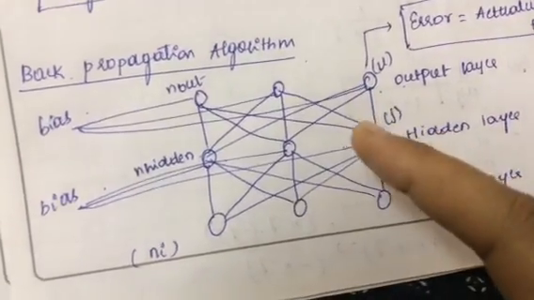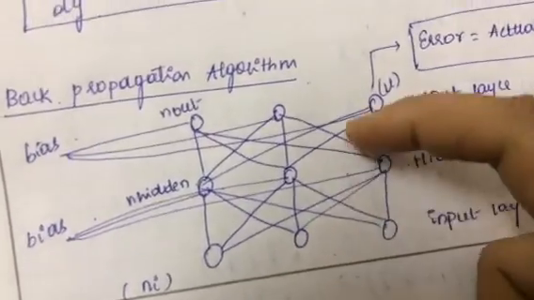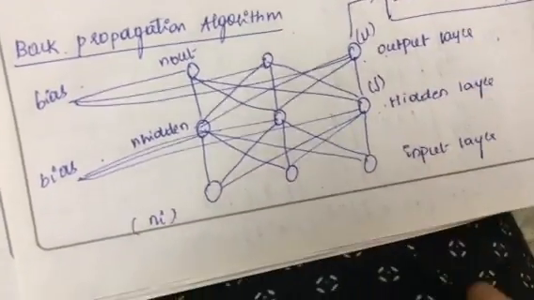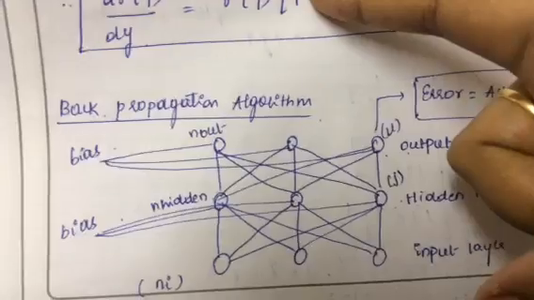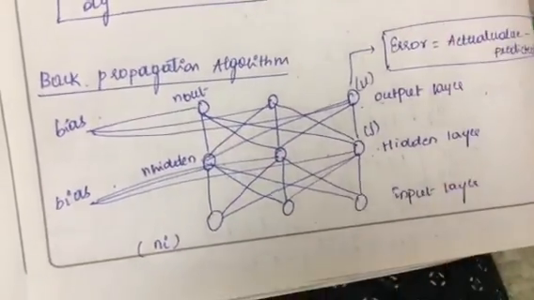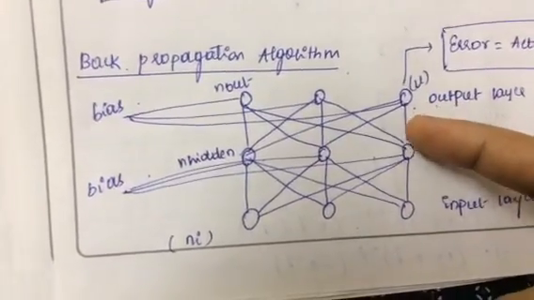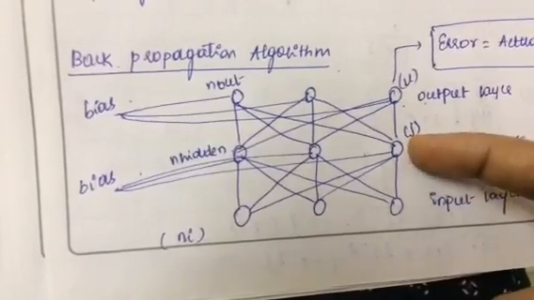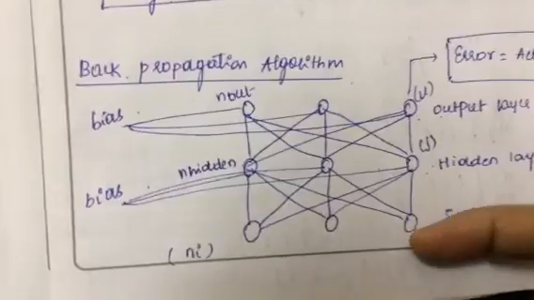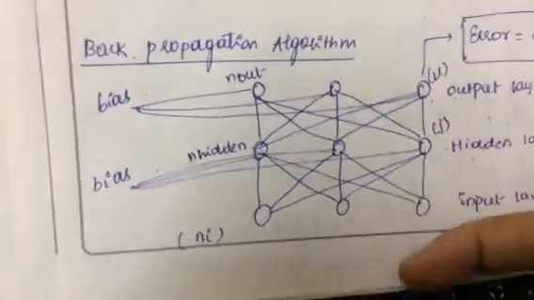Understand that going upward is the forward path and coming down is the backward path. The same way, the weight from i to j is represented by wji.